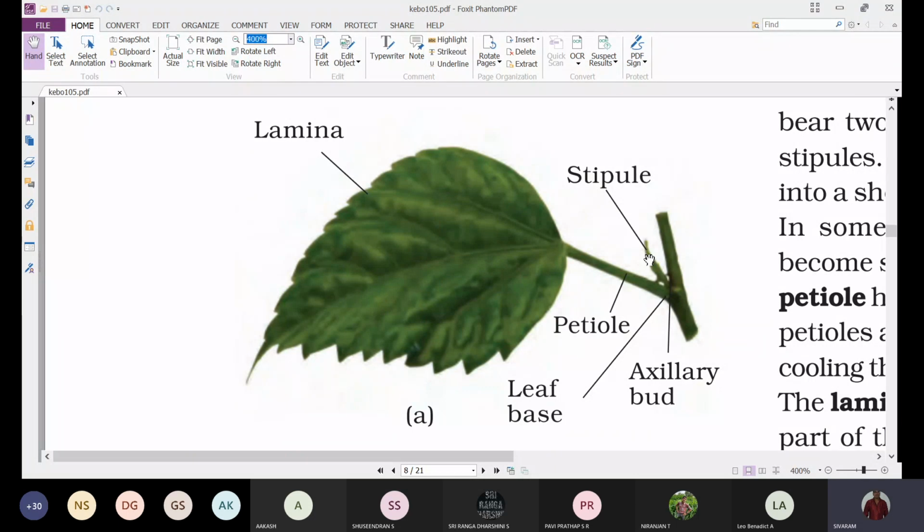The petioles of old leaves are longer, and the petioles of young leaves are shorter, so that all the leaves receive the maximum amount of sunlight. So the petiole helps in the free waving of the leaf in the wind currents, and it also raises the leaf so that it is well exposed to maximum sunlight.